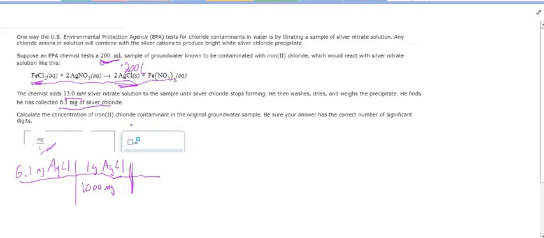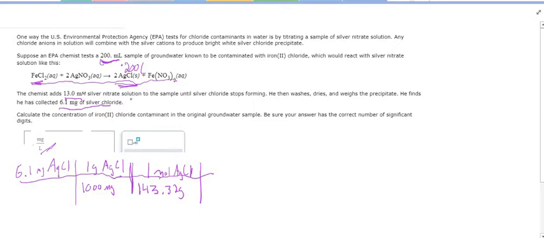We deal in moles, especially when we're trying to maneuver around a chemical equation. So I know that there are 143.32 grams in 1 mole of silver chloride. I just got that from Google. I know it's cheating, but that's what I did.